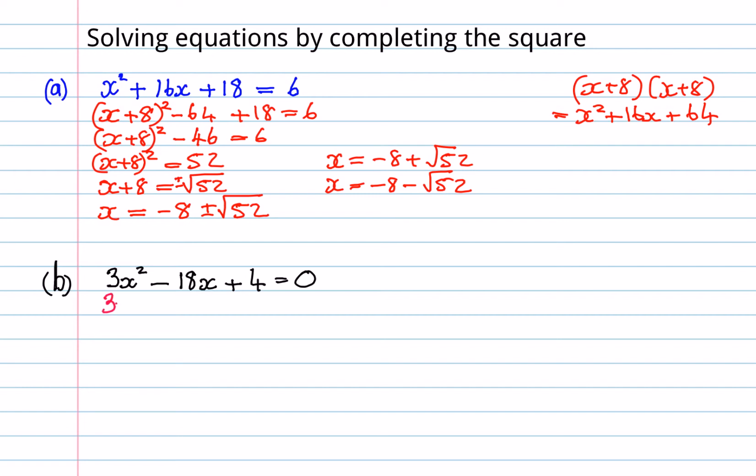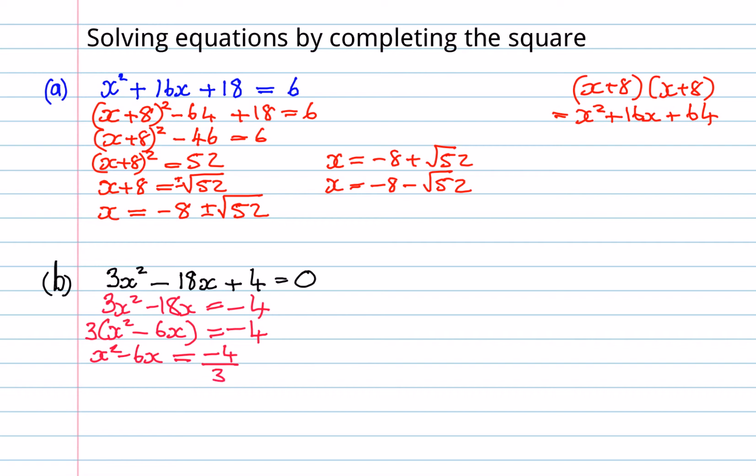So we have 3x squared minus 18x is equal to negative 4. Now we factorise this left hand side, so we've got 3 times x squared minus 6x is equal to negative 4. So this then gives us x squared minus 6x is equal to negative 4 over 3.